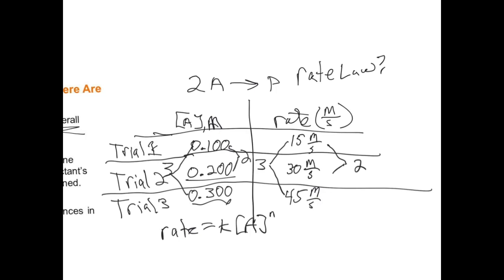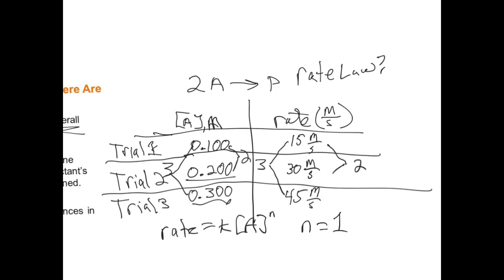That's the example where n is 1, because the change in rate that occurs is directly proportional to the change in reactant concentration. I know that n equals 1, first order.